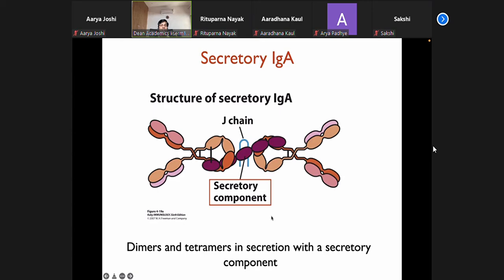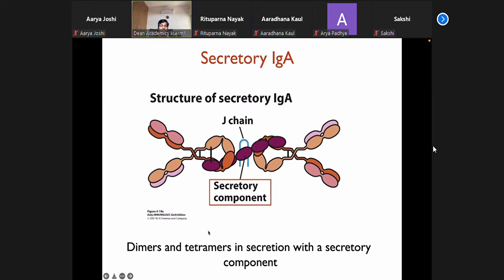Okay, structure of IgA. You already know that it exists as a dimeric form, which is brought about by this J chain. Then you also have something that we call a secretory component, which again has an immunoglobulin domain-like structure. It has five domains: 1, 2, 3, 4, 5. There is a reason why the secretory component is present in IgA, and that we'll talk about in the next slide.